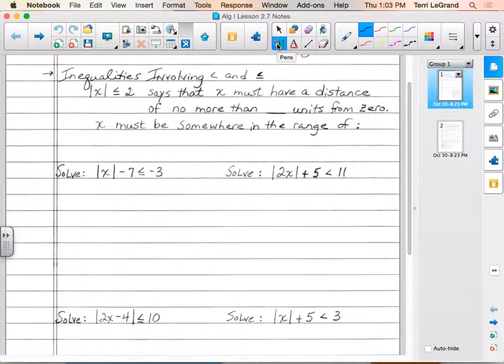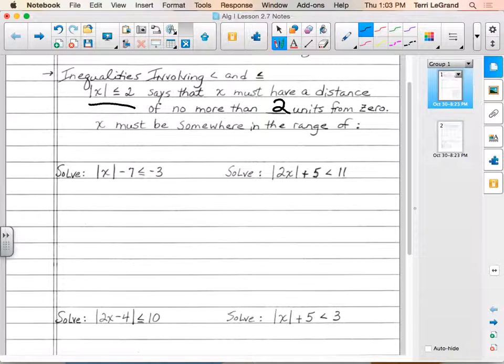Absolute value of x is less than or equal to 2. It says it can't have a distance of anything more than 2. So it can't be any more than 2 units away from 0. So give me some examples of some values we could put in there for x and it would satisfy that inequality.